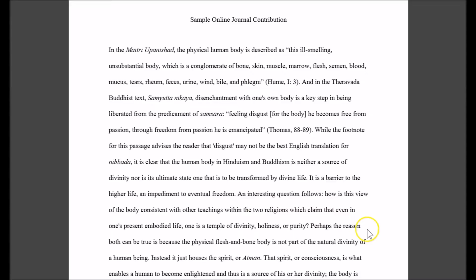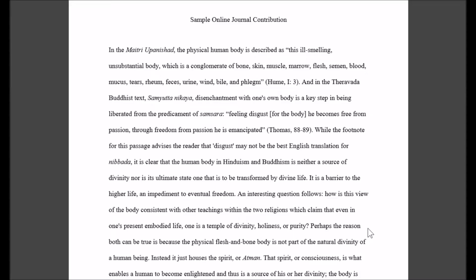An interesting question follows. How is this view of the body consistent with other teachings within the two religions, which claim that even in one's present embodied life, one is a temple of divinity, holiness, or purity? So notice here, this shows critical thinking, gang. This is so important. This is not simply saying, okay, here's my answer to Hunter's prompt, boom, and I give my answer. But it's going further.